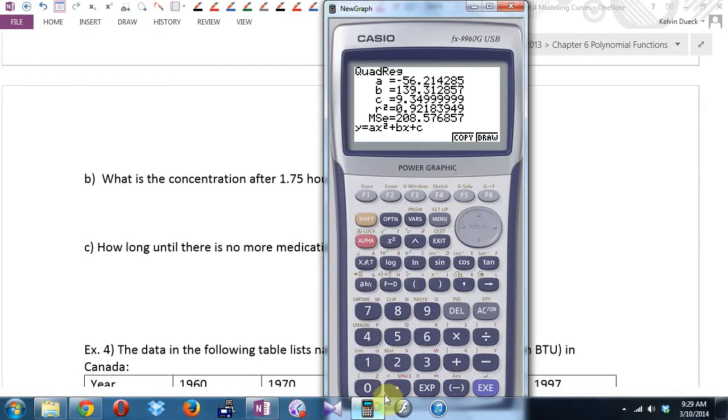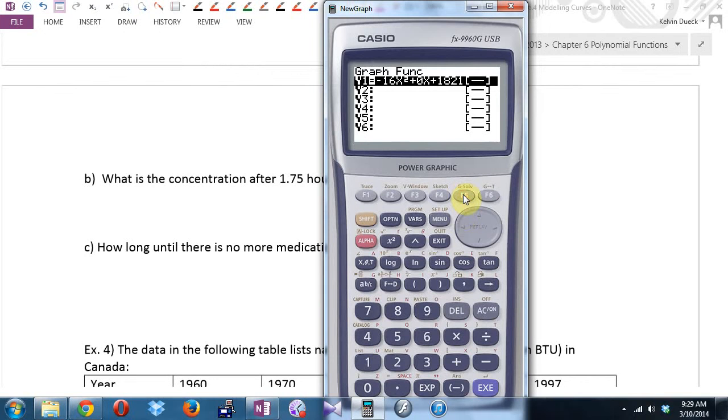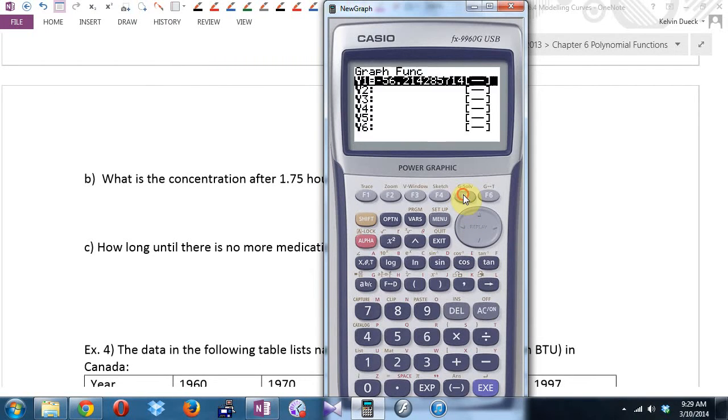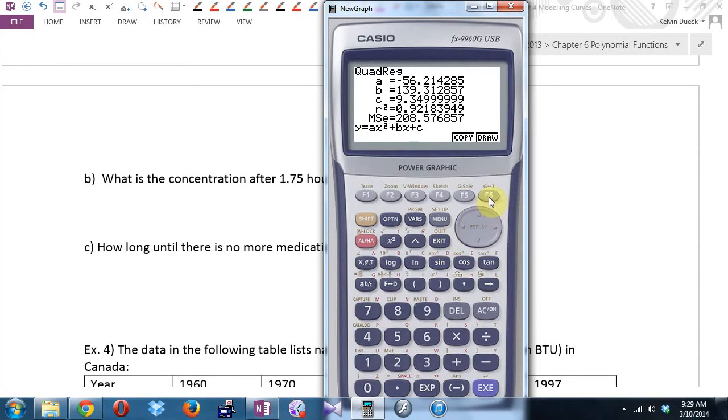Okay, I want to enter that equation. Oh, by the way, I hit draw. There's the parabola. You can see it does a pretty good job of approximating the points, but you can also see there's some gaps. It's the best fit.